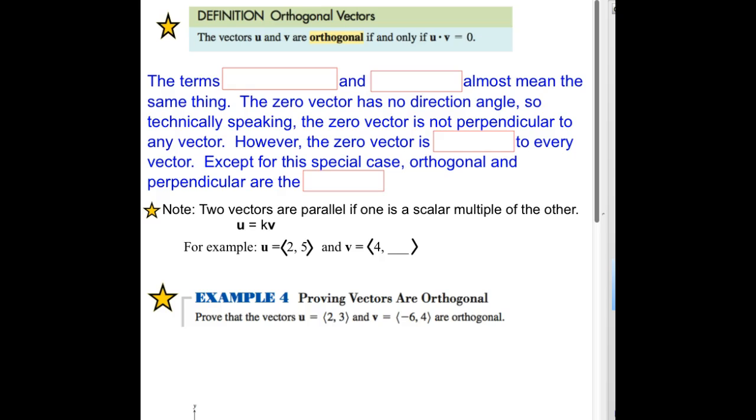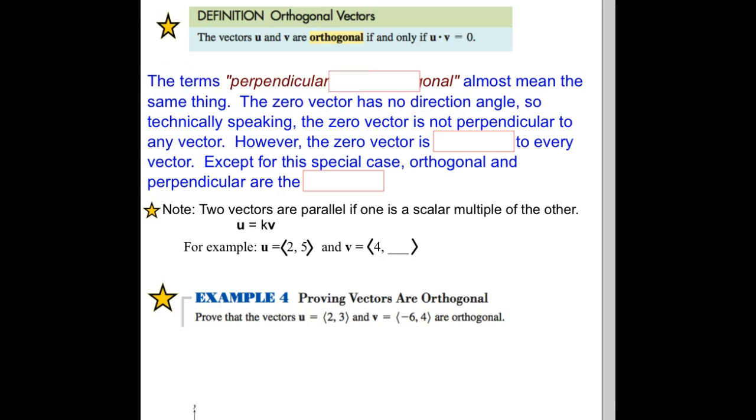The terms perpendicular and orthogonal are almost the same. The one exception is when we deal with a 0 vector. It says the 0 vector has no direction angle. So technically speaking, the 0 vector is not perpendicular to any vector. However, the 0 vector is orthogonal to every vector.